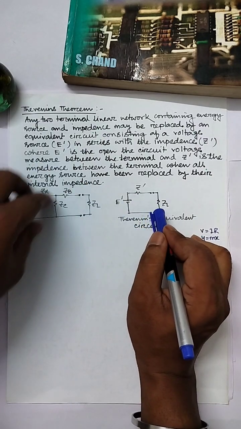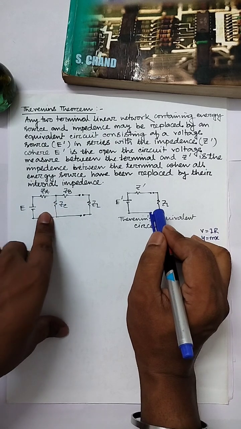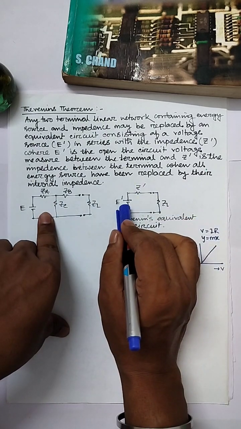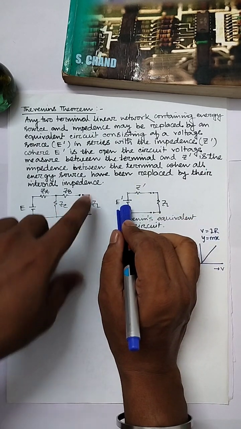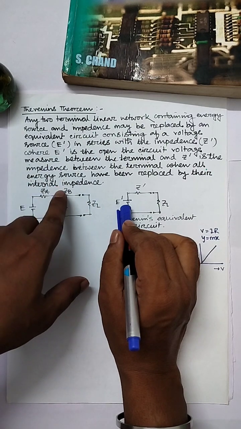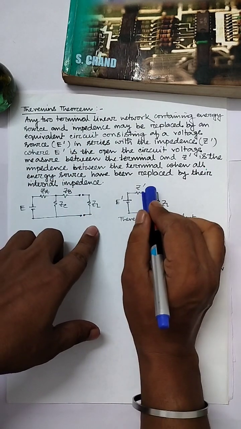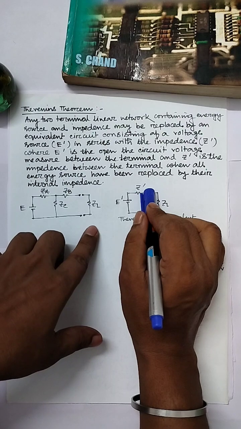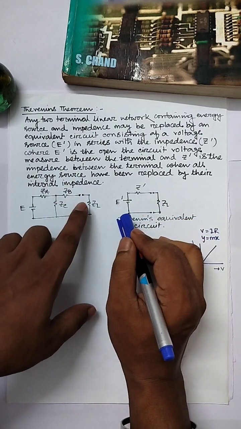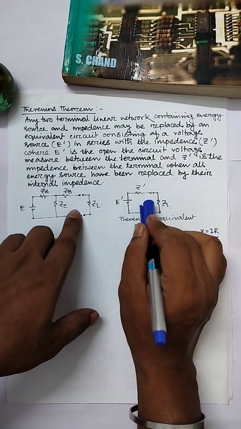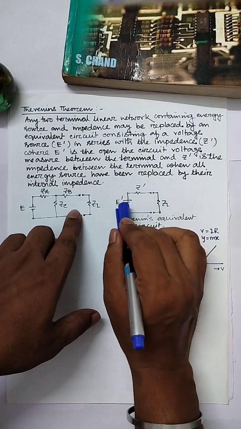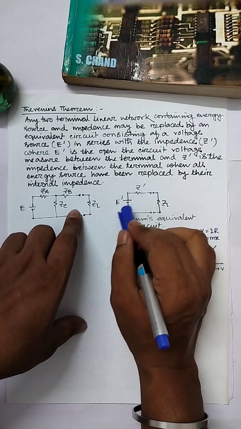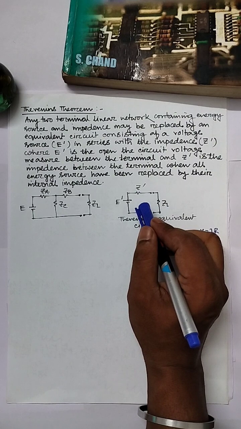That means all the energy sources of this circuit may be replaced by an equivalent energy source E dash, and all the impedances of this circuit may be replaced by an equivalent impedance Z dash. Then this circuit is equivalent to the circuit where E dash and Z dash are in series.